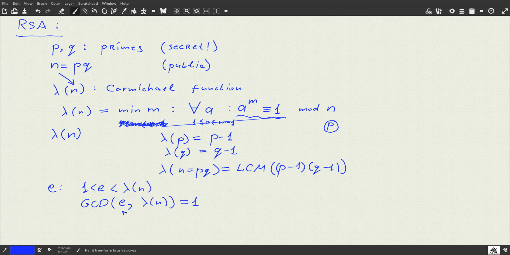So they are mutually prime. That is an important thing. We'll use it later. Okay?